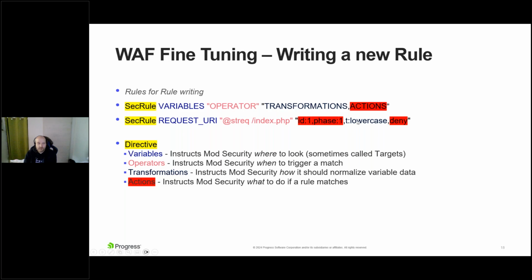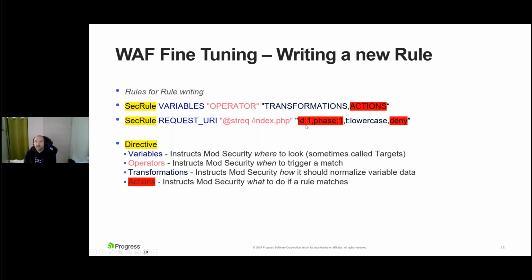So for example, to lowercase everything, to make sure this is matched. If someone puts this in capital letters, it would not match unless I have this transformation here. So sometimes you want to transform it into a unique code that no matter where it comes from is unique and can be matched. And then you have actions.